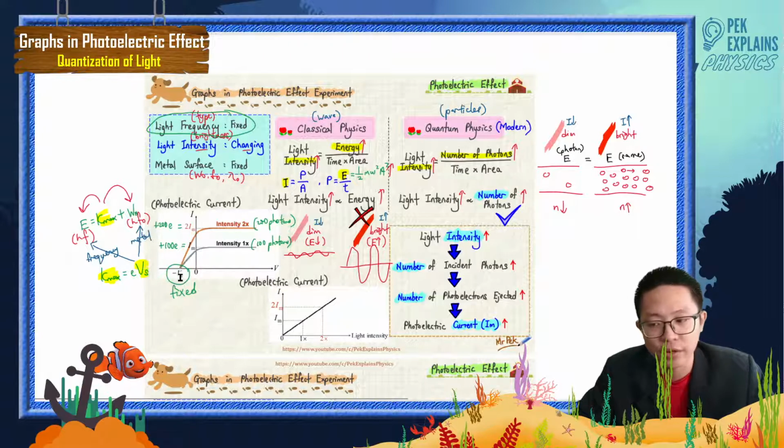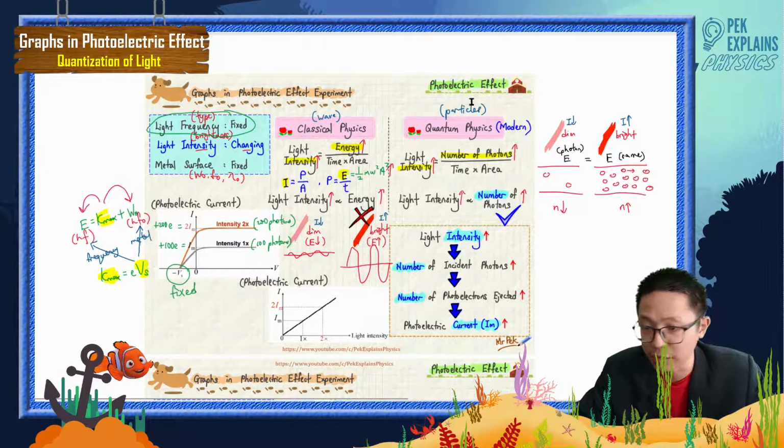In classical physics, intensity is proportional to energy, so it would affect Kmax and the stopping potential.